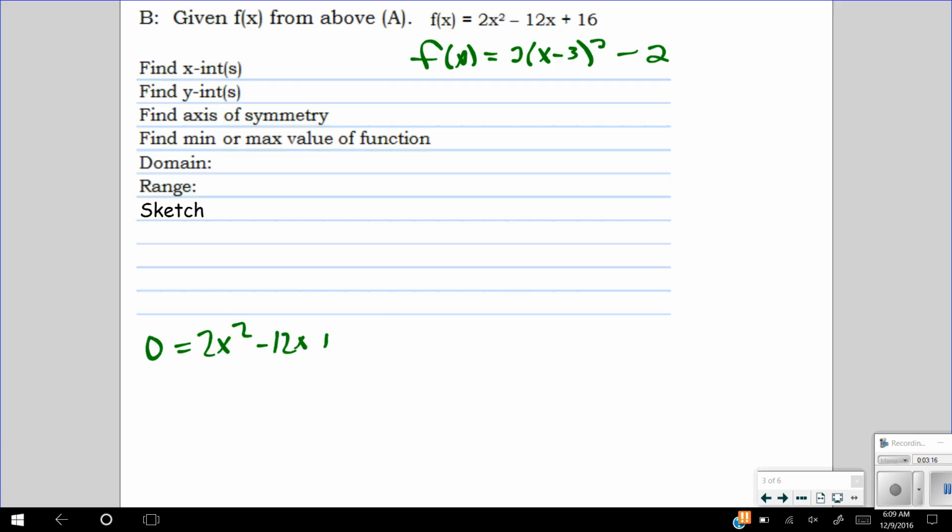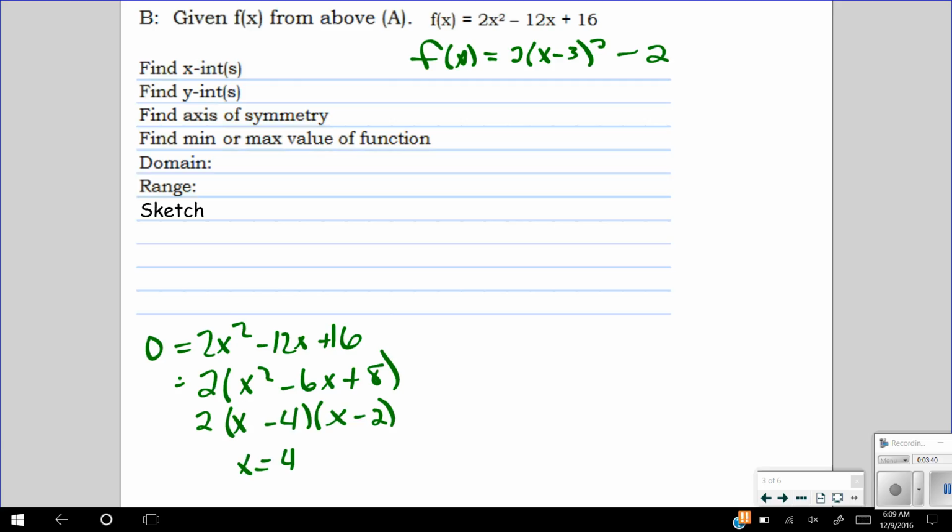Okay, well, to do that, I'm going to factor it and get it in intercept form. So before I factor it, I notice all three terms are divisible by 2, so I'm pulling out a 2. And now I'm just going to factor the remaining quadratic. So what factors of 8 add up to negative 6? Negative 4 and negative 2. So that makes the zeros, or the x-intercepts, 4 and 2.